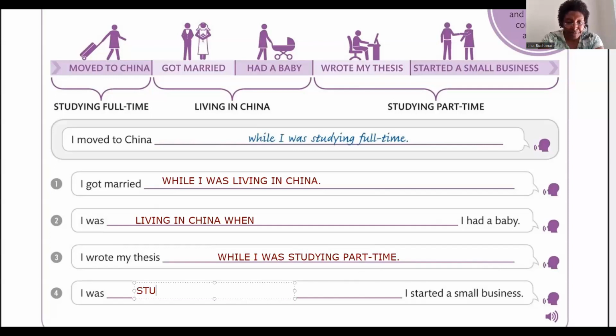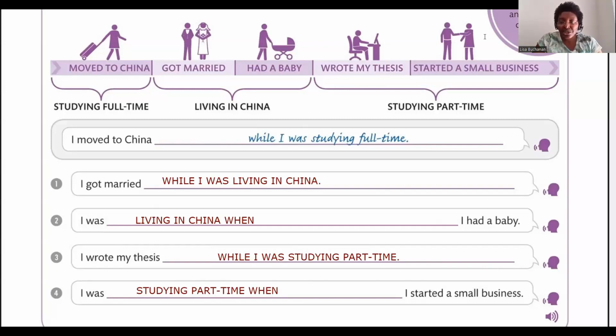I was studying part-time when I started a business. So again, if we go back to the tip, we know that we use "while" when it's a continuous action, and we use "when" when it's a completed action. So that's all you have to do to know whether to use one or the other.